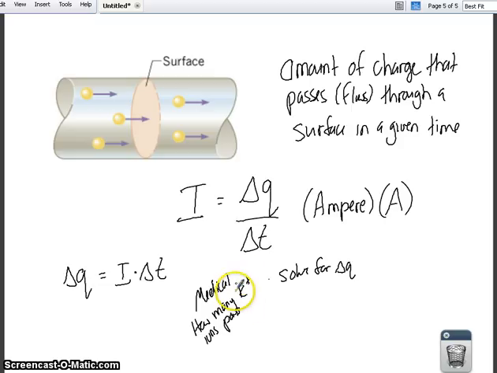If it's asking how many positive K's or how many electrons are passing a certain point, we solve for charge first, and once we have charge, we divide by the charge of one particle, 1.6 times 10 to the negative 19th coulombs, I think.